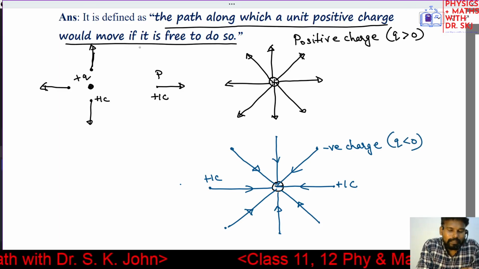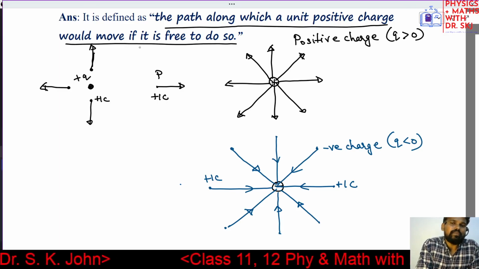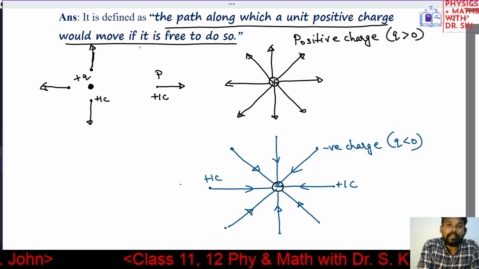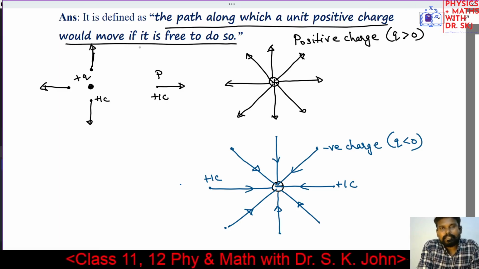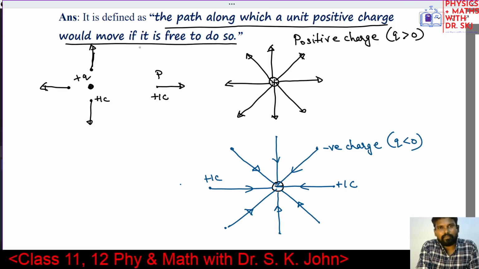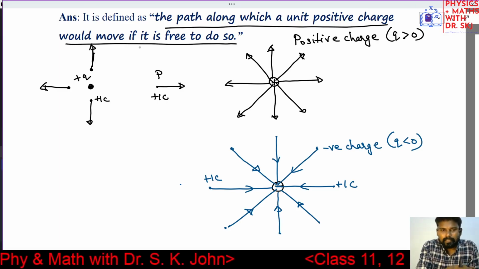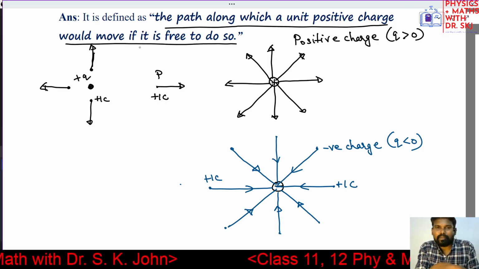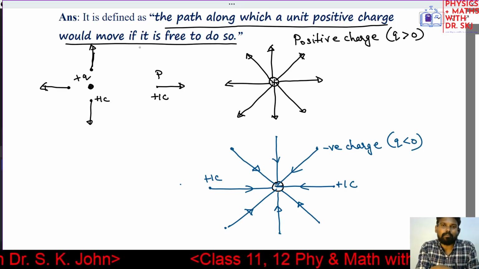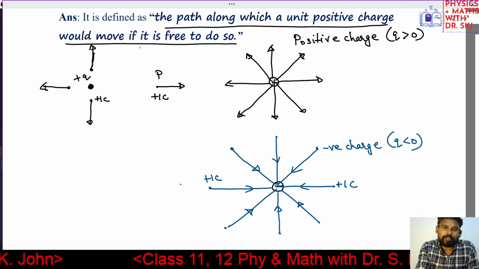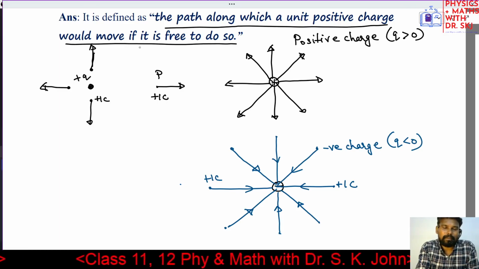So we draw the electric field lines on the basis of the definition of electric field intensity at a point. Do you remember the definition I discussed in the last class? Electric field intensity at a point is defined as the force experienced by a unit positive charge placed at a point.